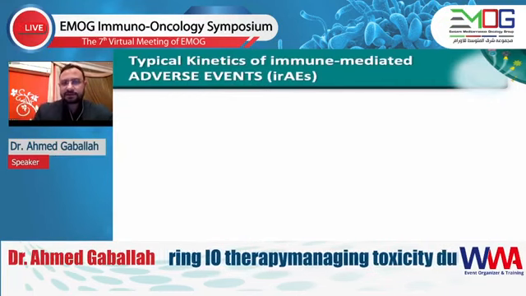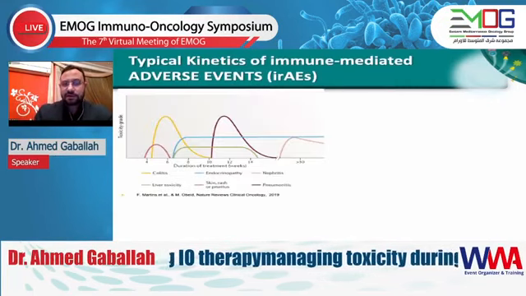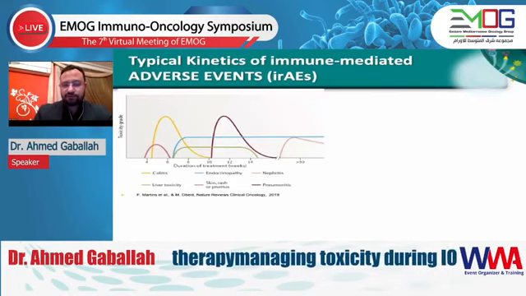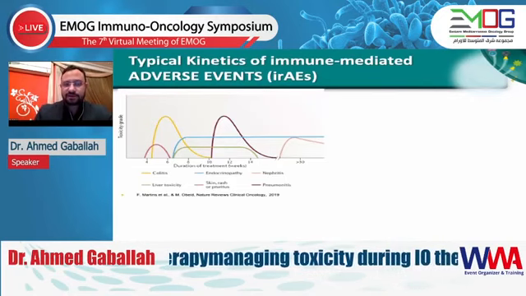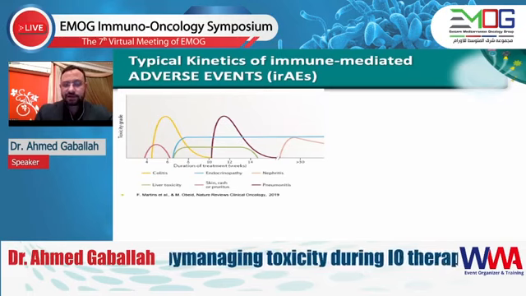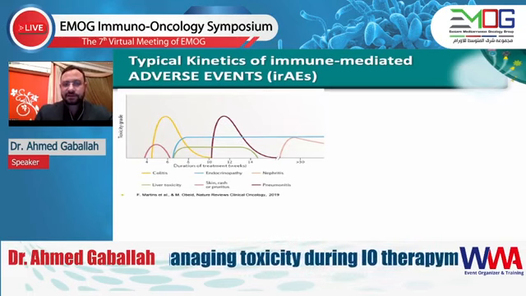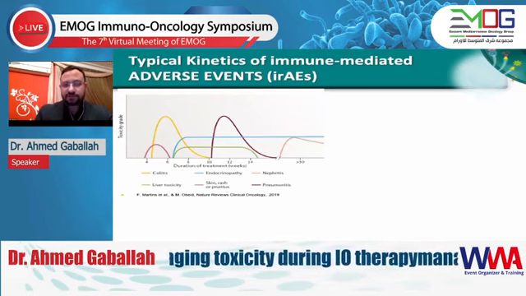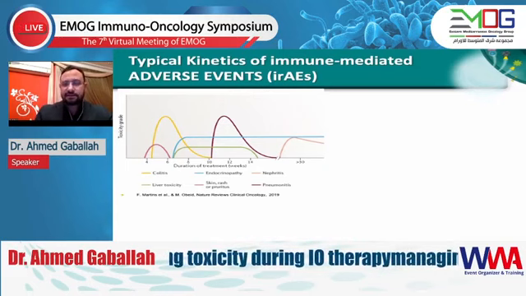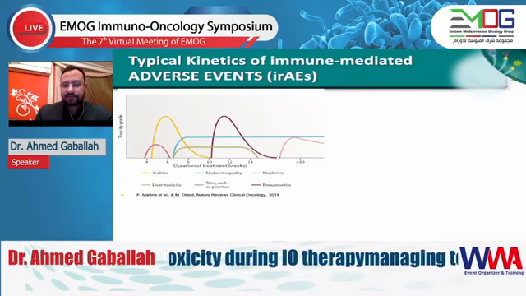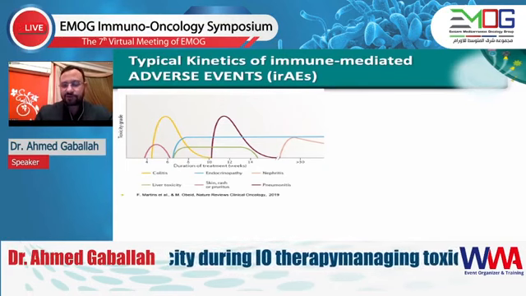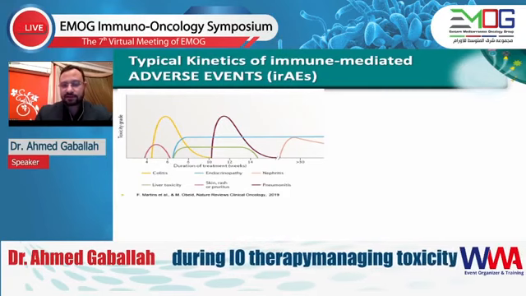We have a typical kinetic of immune-mediated adverse events. Usually, the first to happen is the skin, followed by the GI, and then other organs like endocrinopathies and liver toxicities, and lastly, which can happen very late in the course of treatment, is nephritis.